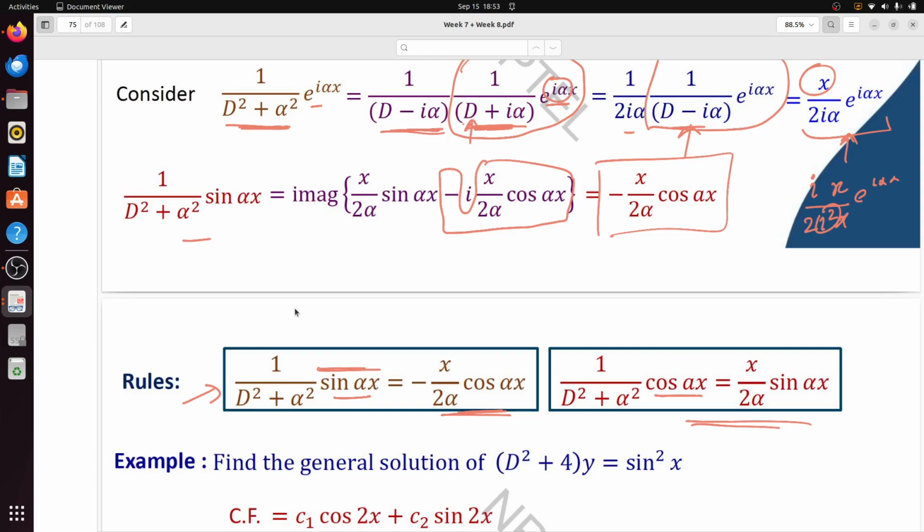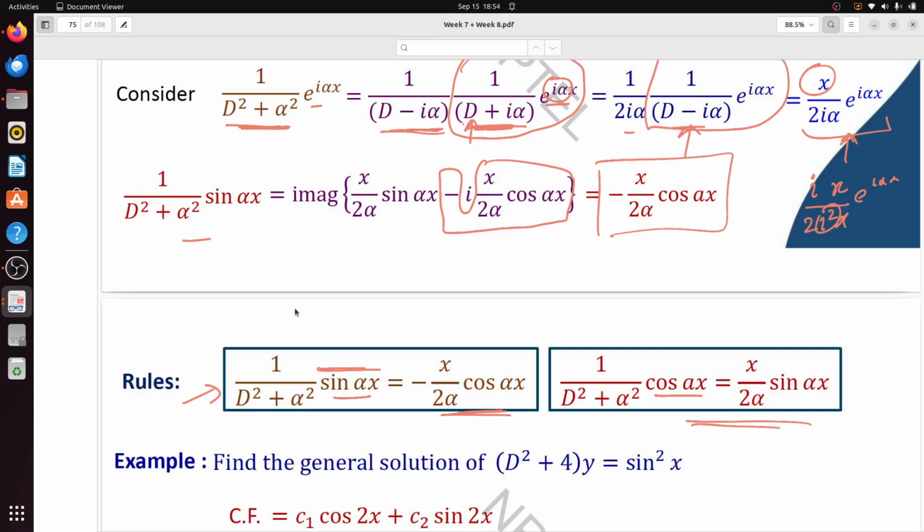We need to find the general solution of (D² + 4)y = sin²x.